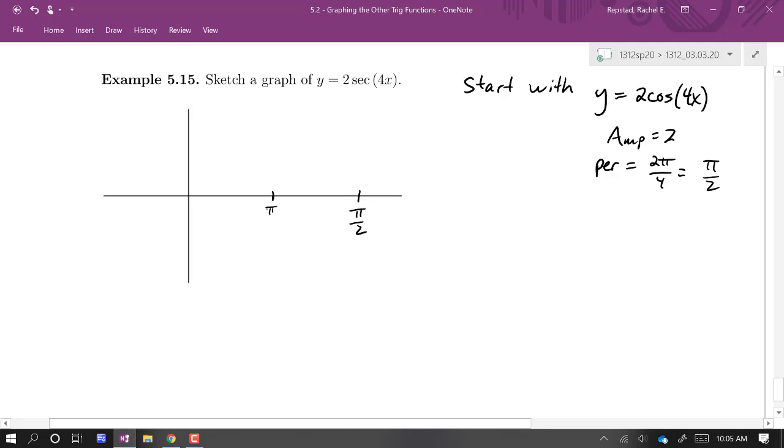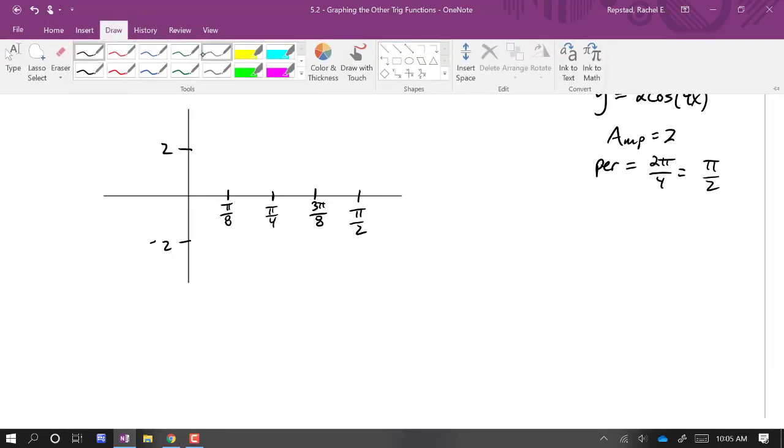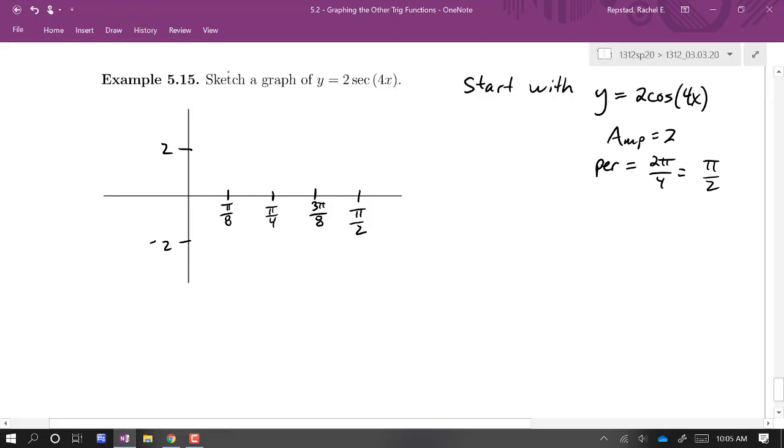So my period is pi over 2. This is pi over 4, pi over 8, 3 pi over 8. My amplitude is 2. It's a cosine, and there's no reflection, right? It's not a negative 2 cosine, so it starts up at positive 2 and goes down from there.